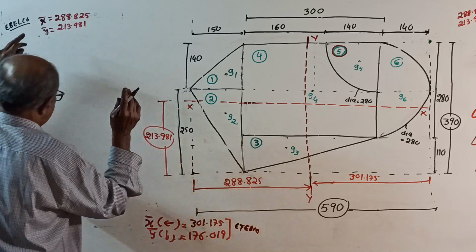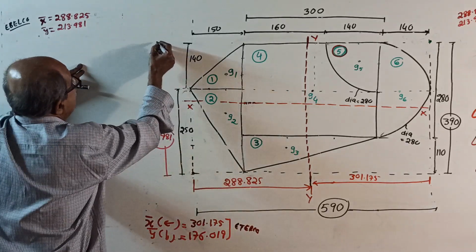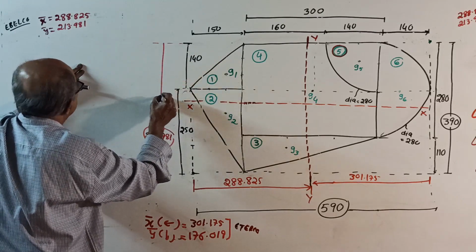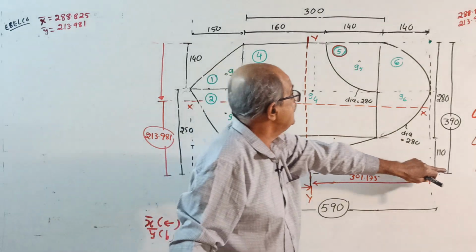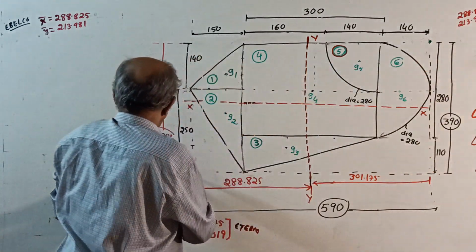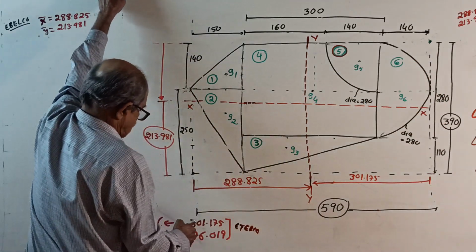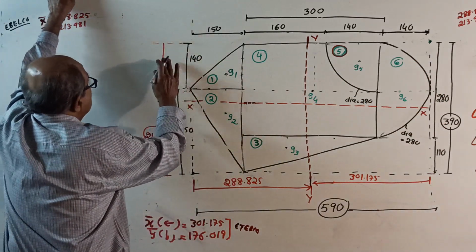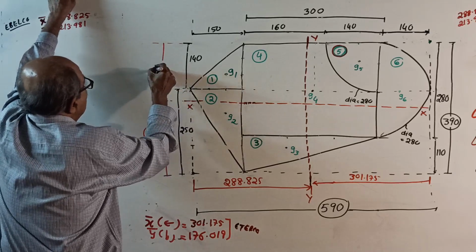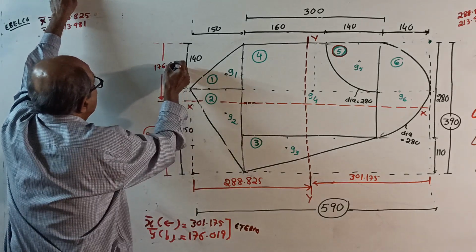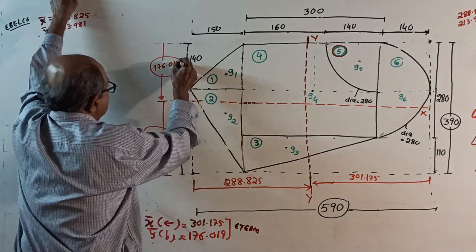From the top edge down, it has to be total 390, so subtract 213.981, it will come 176.019. That is the answer. Yes, we got that answer.